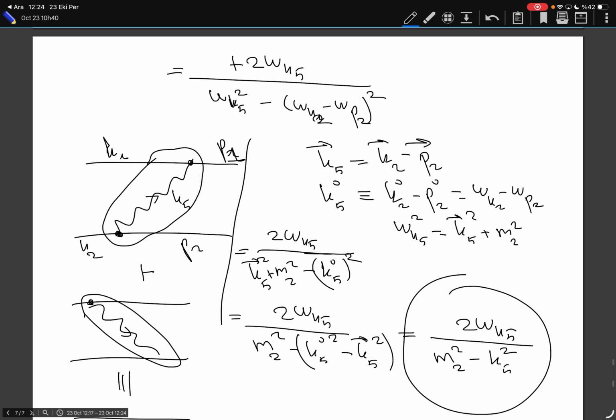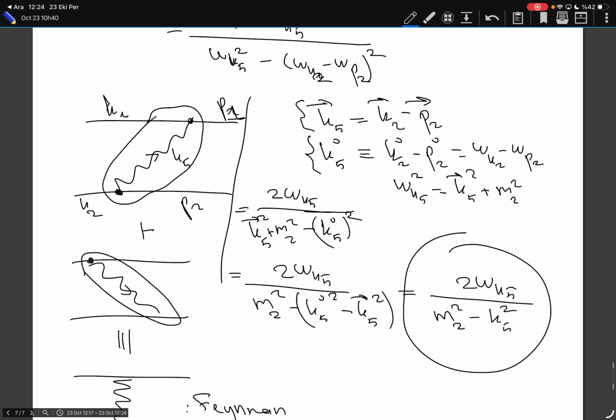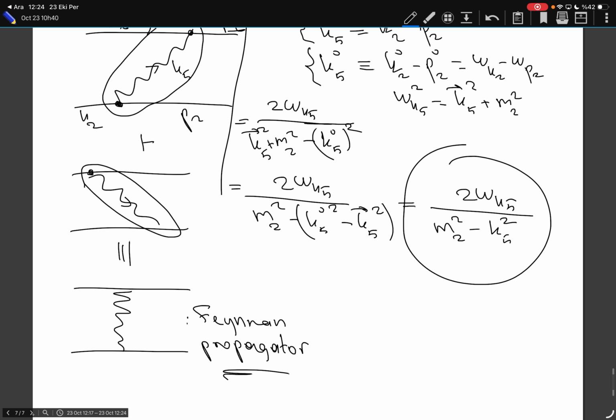You see, this is the 3 momentum conservation. This is the 4th component conservation. We impose the 4 momentum conservation at each vertex. And then if we assign this 4 momentum to my particle, the corresponding Feynman propagator is just 1 over the mass squared minus the 4 momentum squared.